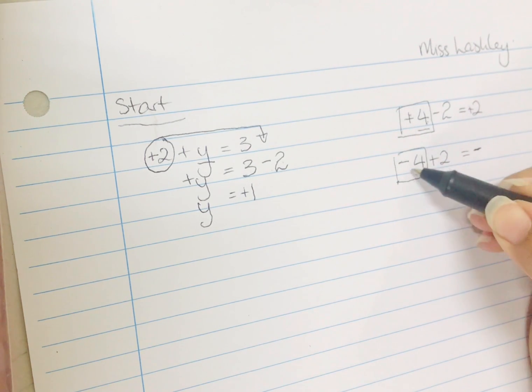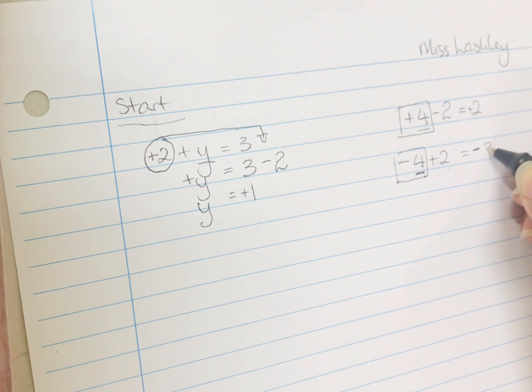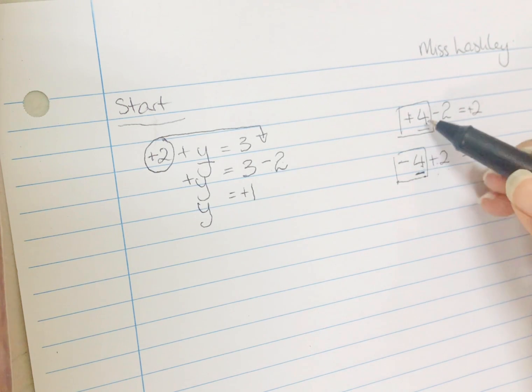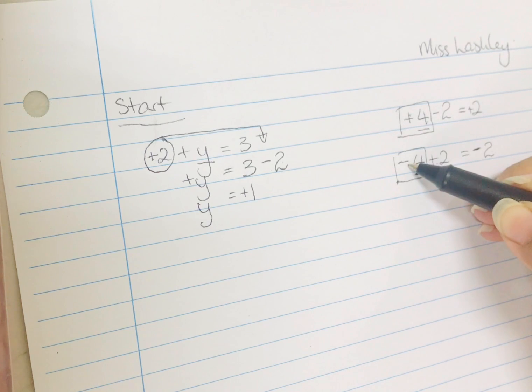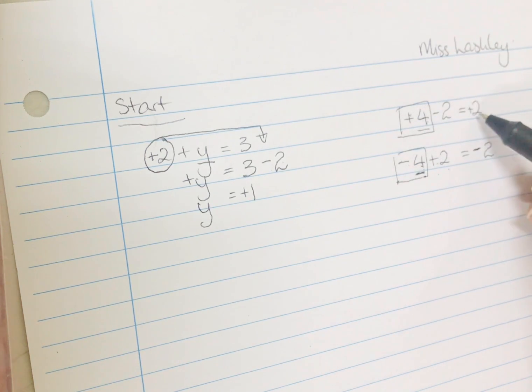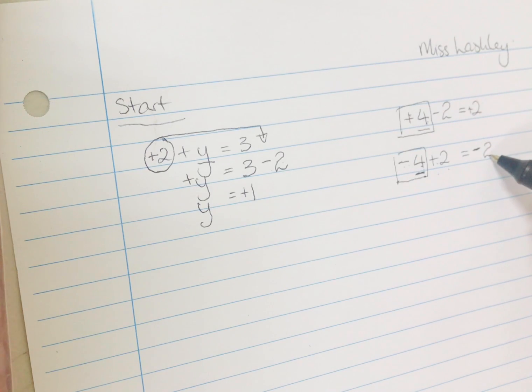The two signs are different. This is negative, this is positive. So we're going to do subtraction. 2 from 4 will give us 2. So as you can see, the answers are different because the numbers, same 4, but one is positive, one is negative. So the positive 4, our answer was positive. Negative 4, our answer was negative.